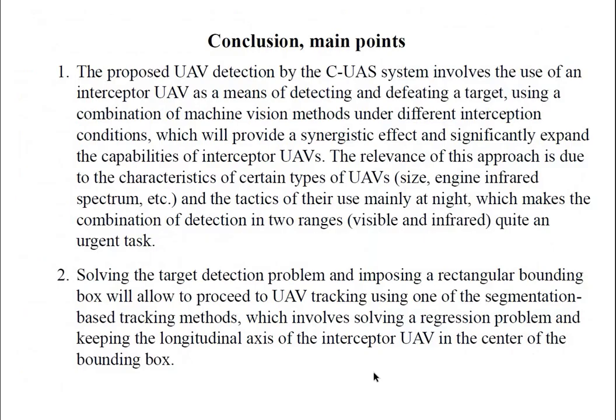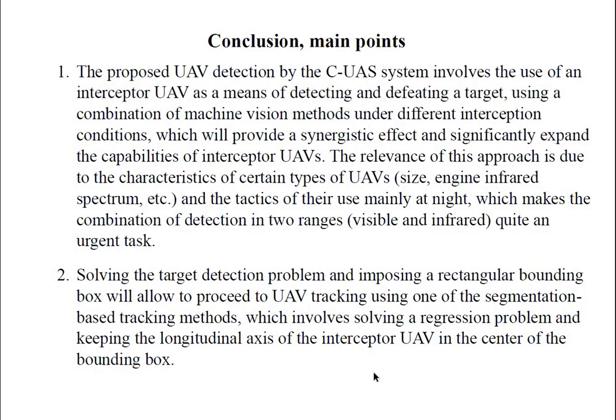And conclusion, some words about the conclusion, only main points, because there are a lot of interesting results. As I have told before, we need to combine different methods to build a very effective counter-unmanned aircraft system.